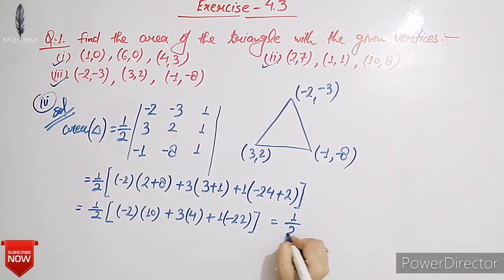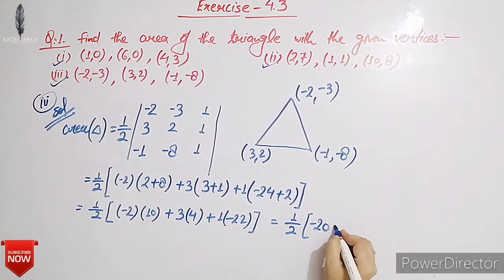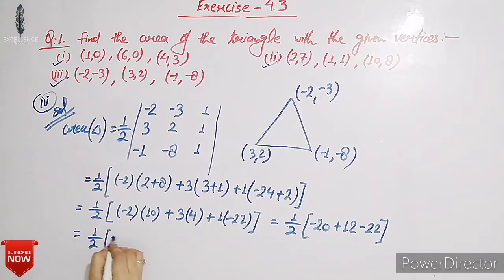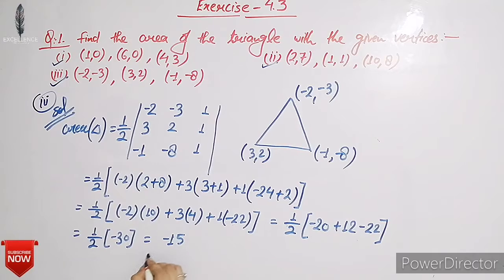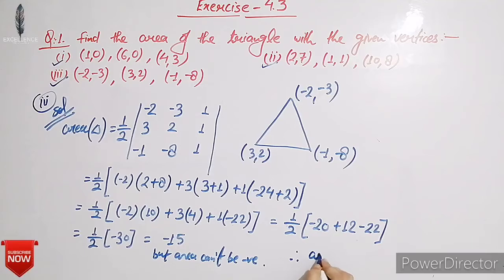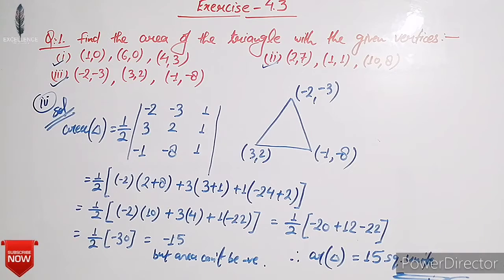That is equals to 1 by 2, minus 20 plus 12 minus 22, is equals to 1 by 2 into minus 30, that is equals to minus 15. But we know that area can't be negative. So here area of triangle is equals to 15 square units. Okay, clear? Let's see the next question.